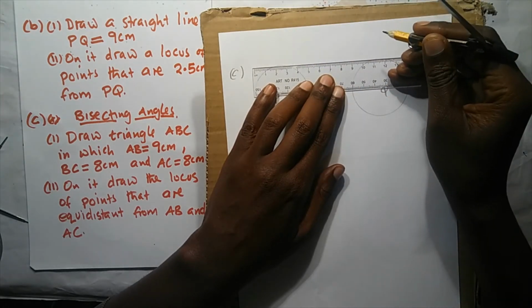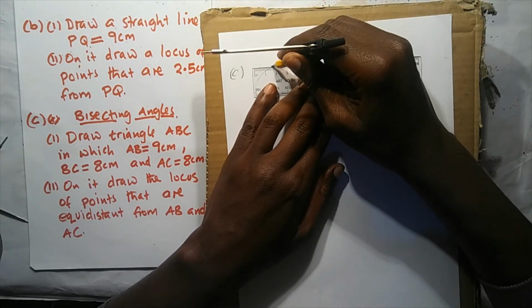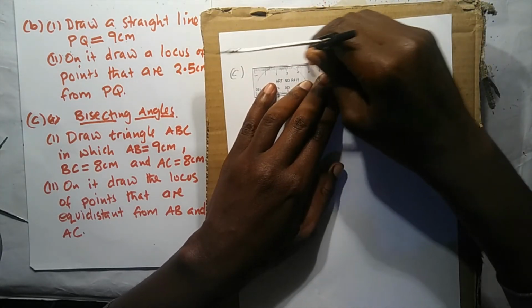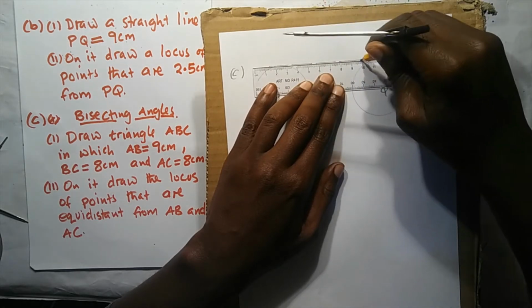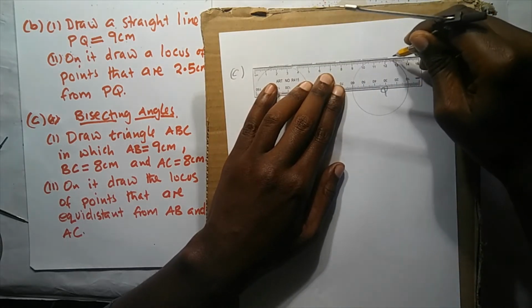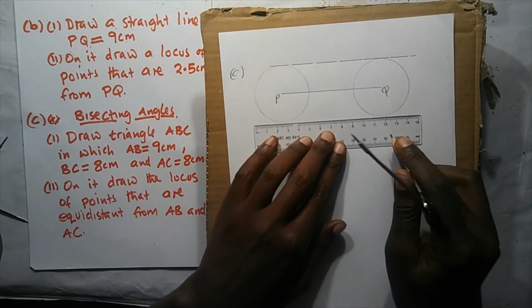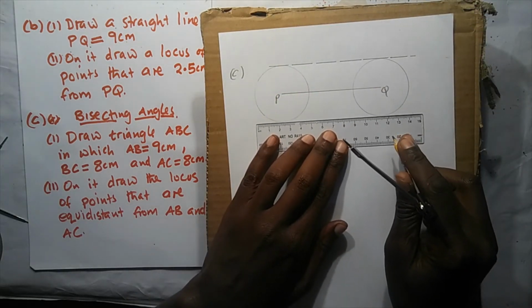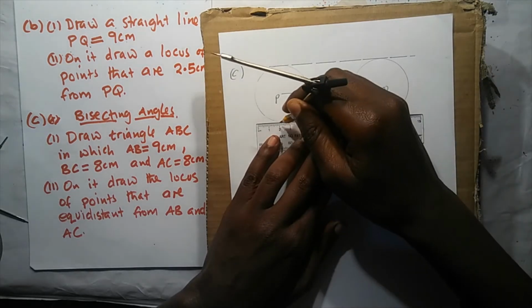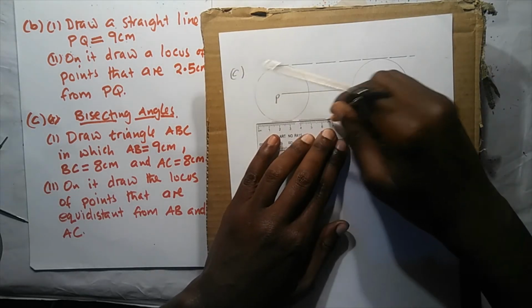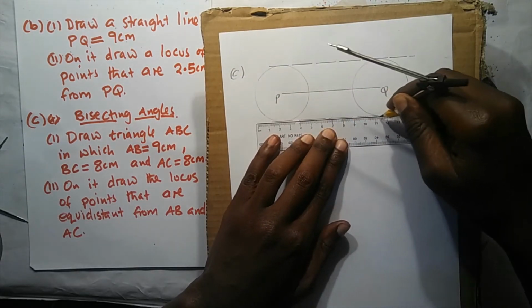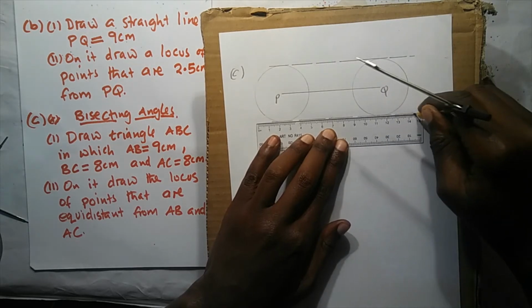A line here will come from this side. I'll draw a broken line to differentiate it from the line that we already have down here. And then I'll draw another dotted line tangent to that circle there.